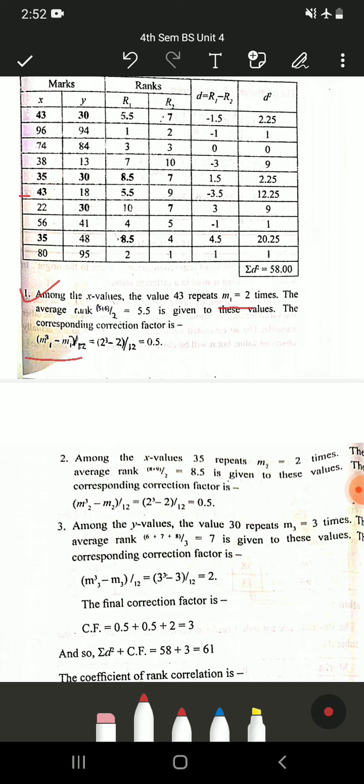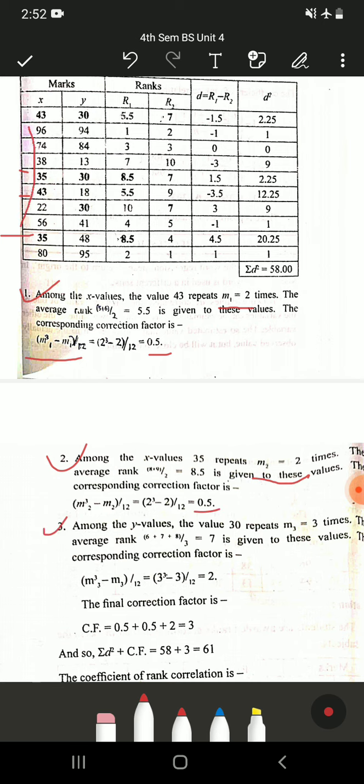So it is 2 cube minus 2 divided by 12, we got 0.5. The next repeated value is 35, even that is repeated 2 times. Therefore, we have taken M2 as also 2 because 35 is repeated 2 times. So M2 cube minus M2 divided by 12 is again 0.5.